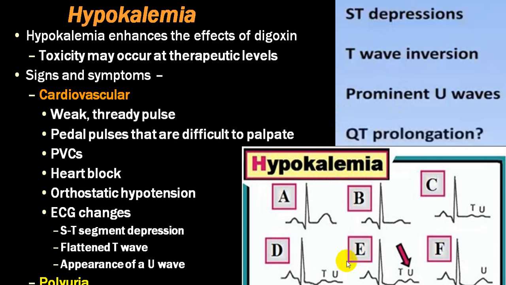So you can see the ST depression, the T wave will become flat, then the T wave will be inverted. You will have two humps, T and U. U will be more prominent than the T wave, and later on the T wave almost disappears, so you have a QU interval.